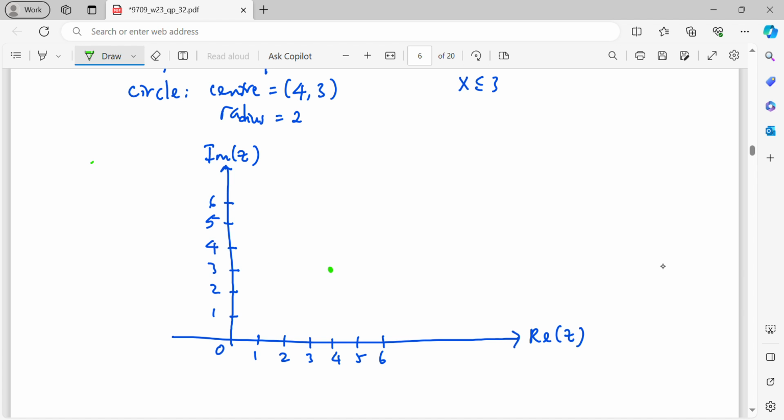That means you add 2 to 4, so that is 6, and then subtract 2 from 4, that is 2. Move down 2 units, that is at 1. Then up 2 units, so 3 plus 2 is 5.